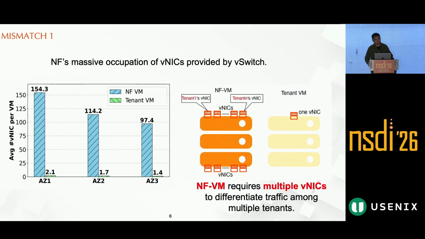We identify four critical resource mismatches in production. Mismatch 1, VNIC exhaustion. Our production data shows that across three availability zones, NF VMs consume an average of over 97 VNICs, compared to only about 2 for tenant VMs. Take VPCnet as an example.